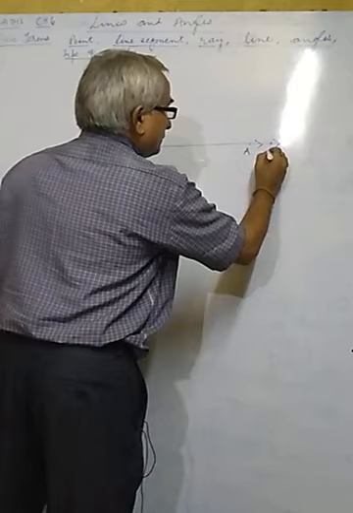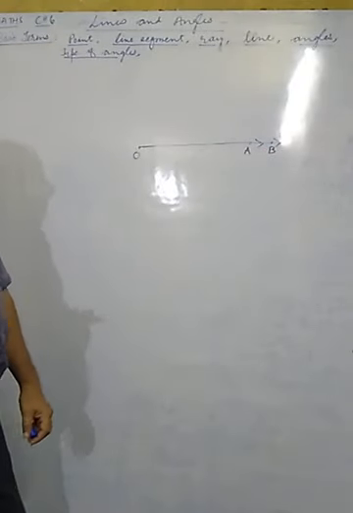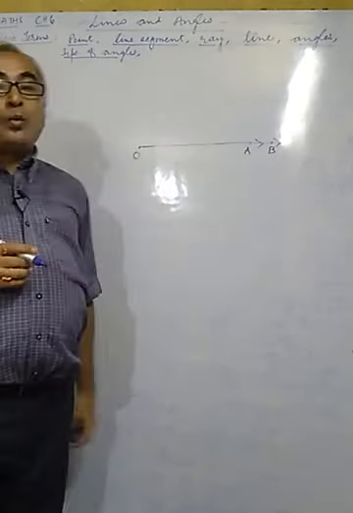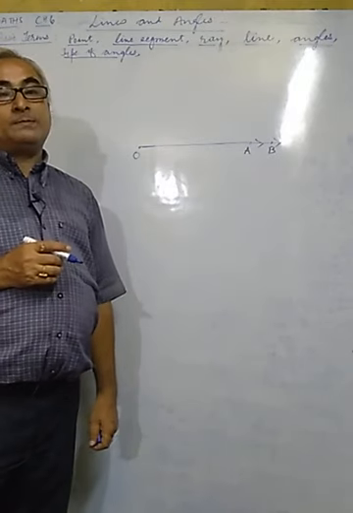Mark it B. Now both the rays OA and OB are overlapping here.